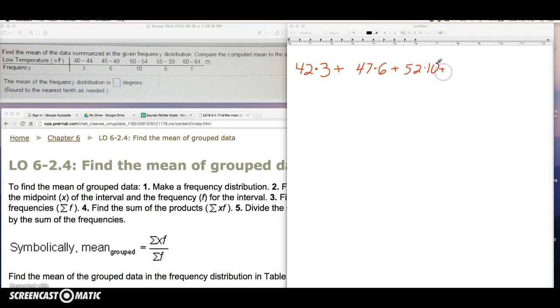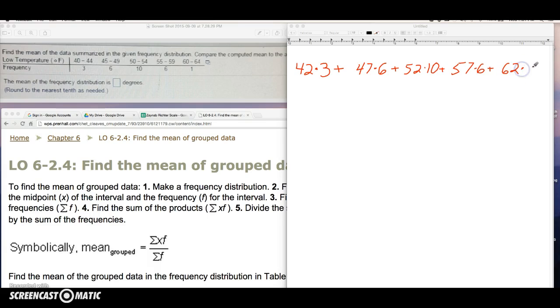Then I add it up, and I got the next median: 55 through 59 is 57. I'll multiply it by its frequency. And then the last group is 60 through 64. And of course, our median is 62.